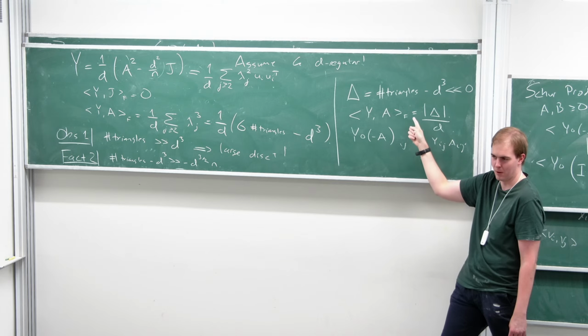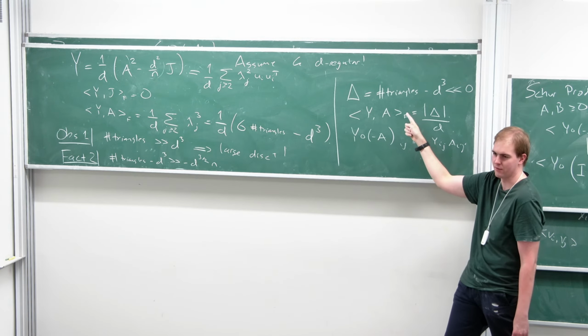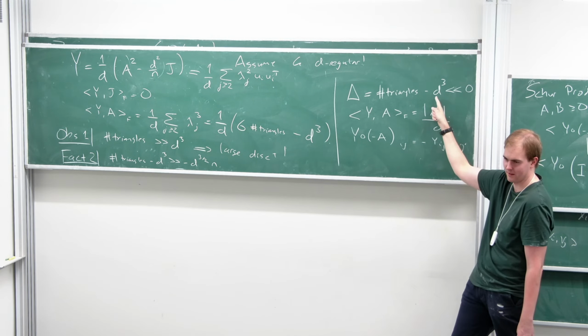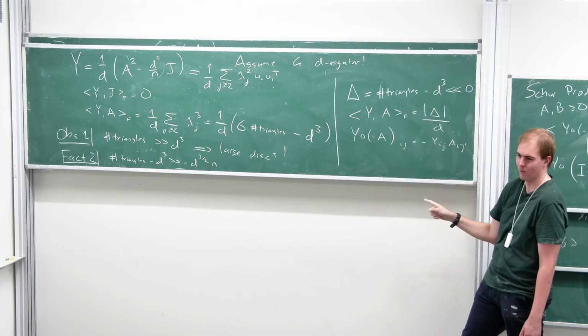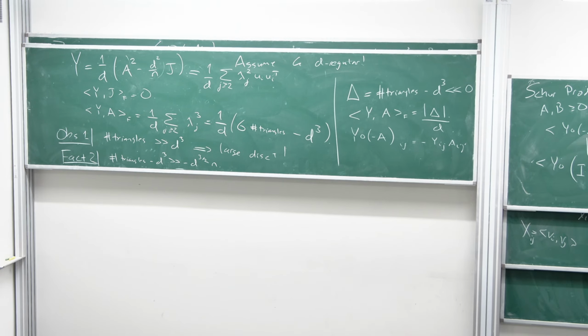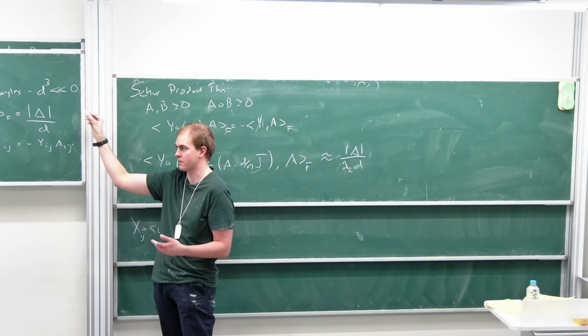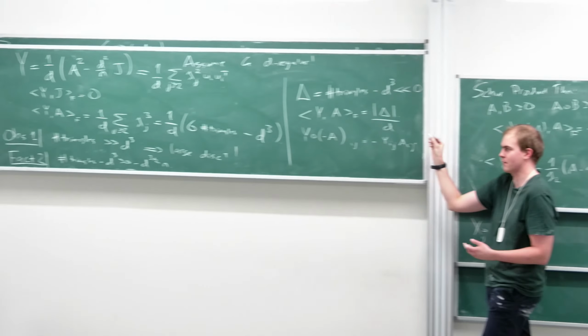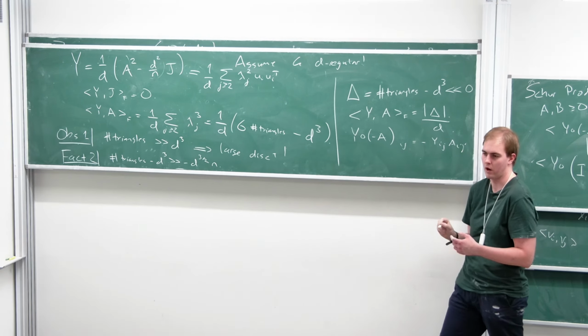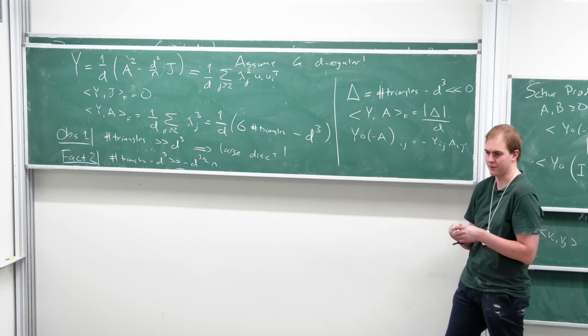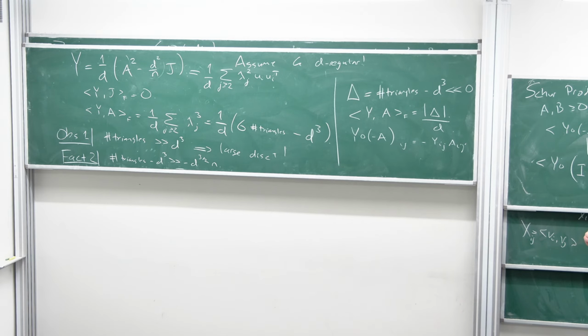So what's really the problematic case is when the number of triangles is much less than the expected number, and then we just have to find a method to flip negative discrepancy to positive discrepancy. In this case we know that the negative discrepancy is large, and the large negative discrepancy is actually witnessed by this matrix Y, because the same semi-definite relaxation works for negative discrepancy as well. If that answers your question.